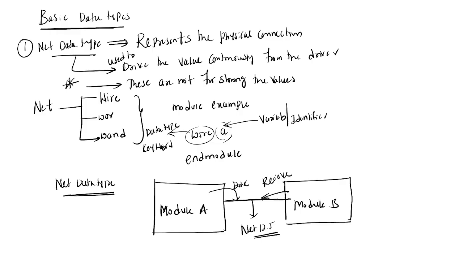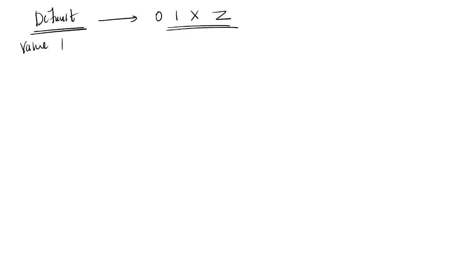What is the default value? If you consider the net or wire data type, I told you about the value set: Verilog supports a four-state value set, 0, 1, X, Z. What is the default value for the wire data type?